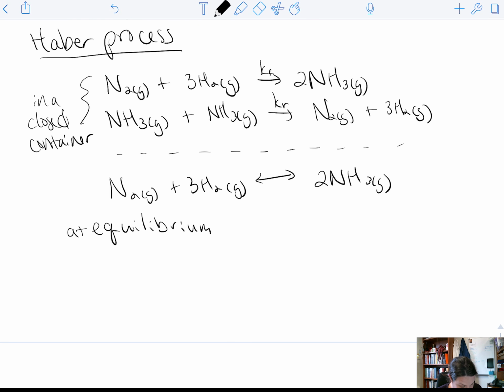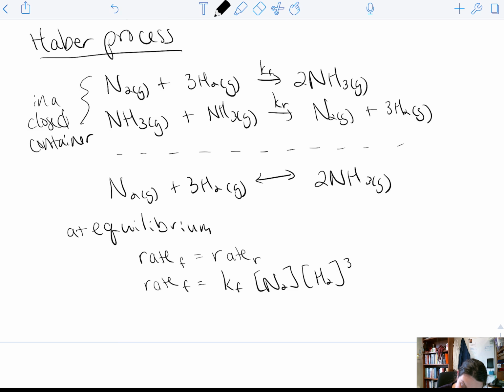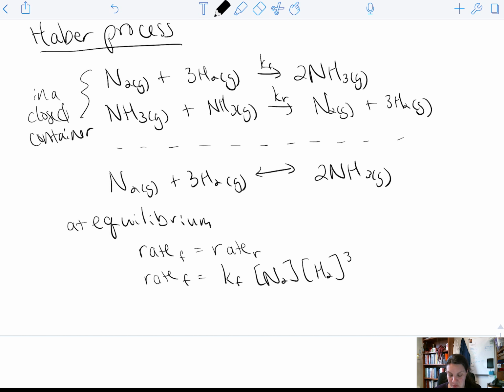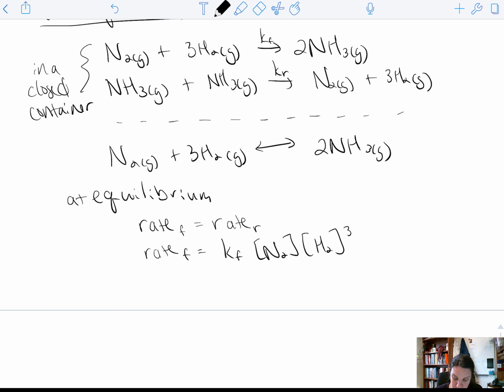So at equilibrium, we would say that the rate of our forward reaction is equal to the rate of our reverse reaction. Where the rate of our forward reaction is equal to Kf [N2][H2]^3, as we consider this kind of like an elementary step, so the stoichiometry is taken into account in this rate.